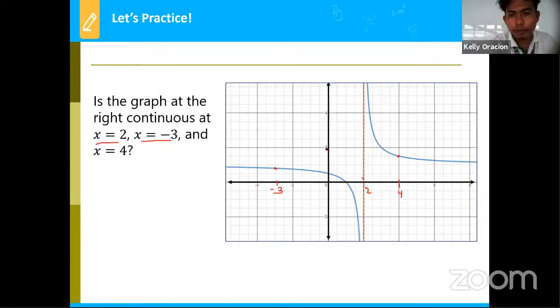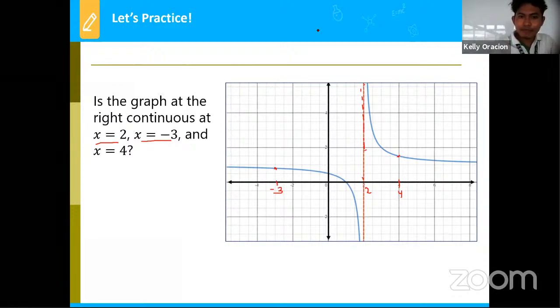How about 2? Look at 2, it touches this broken line, right? What do you call that broken line? Anyone? Asymptote.